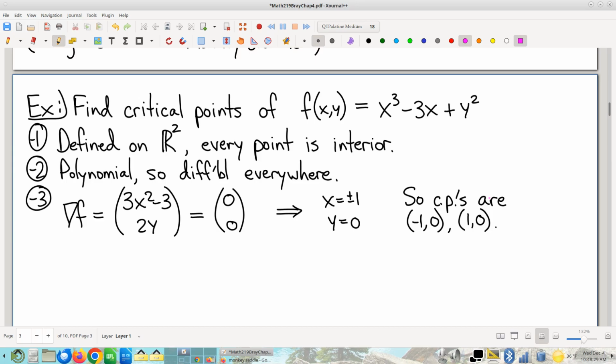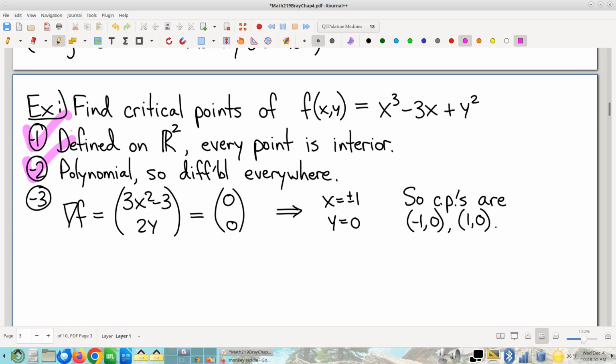You can't draw conclusions about your answers if you haven't checked under every rock. You can't know what's under there or what's not under there. So a lot of students make the mistake of thinking, I usually get most critical points by looking at where the gradient is 0, so I'm just going to do that. And that's not okay. You got to check the first 2 conditions as well.